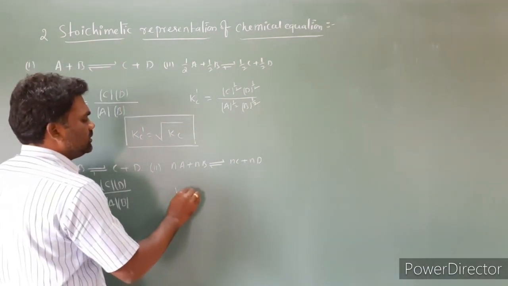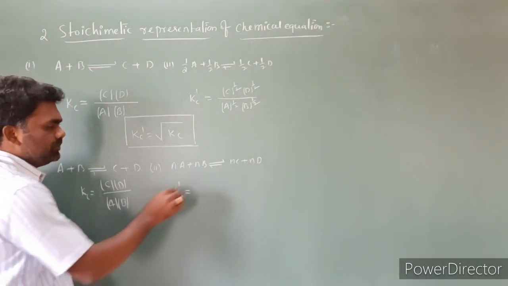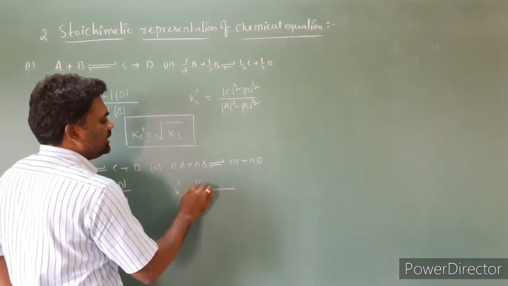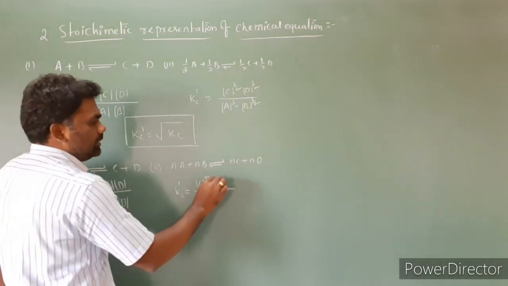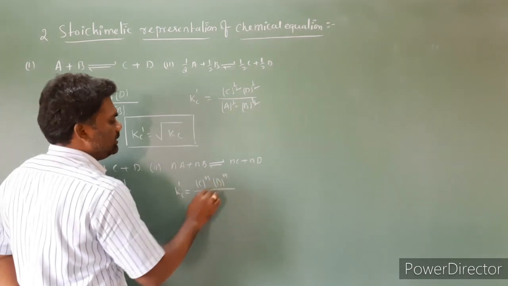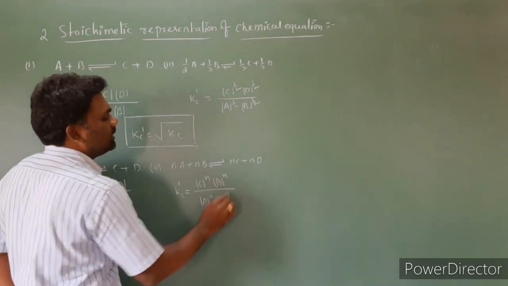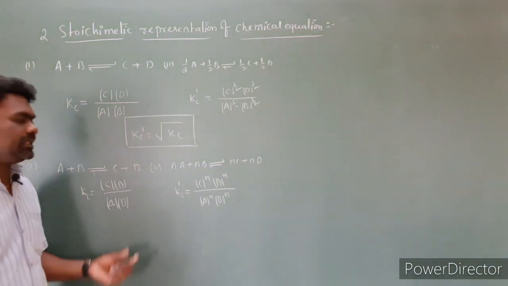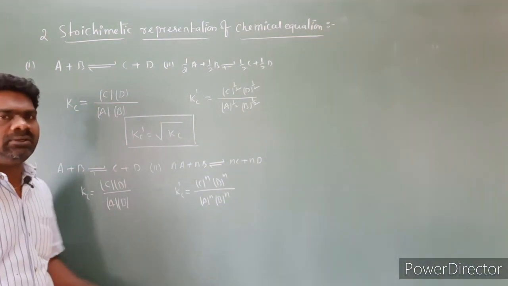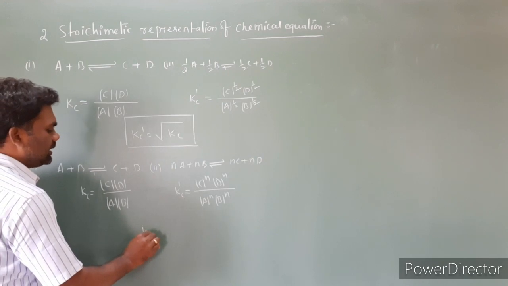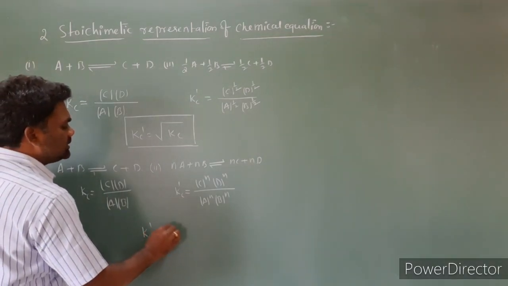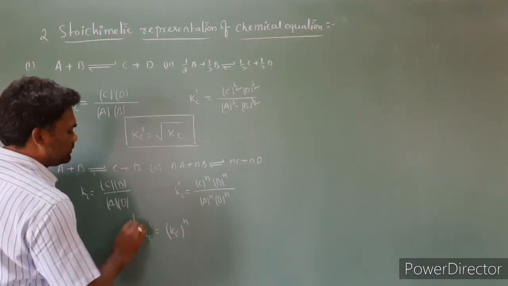To differentiate, we write Kc dash. Kc dash is equal to C concentration power n, D concentration power n, divided by A concentration power n and B concentration power n. So the relationship between Kc and Kc dash is: Kc dash is equal to Kc power n.